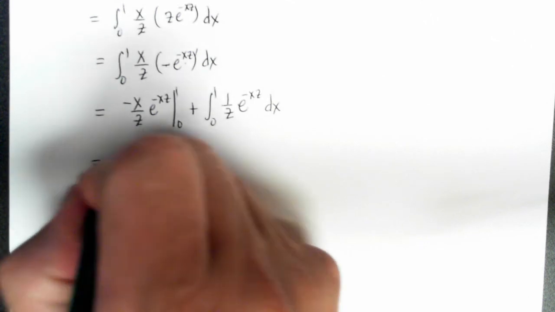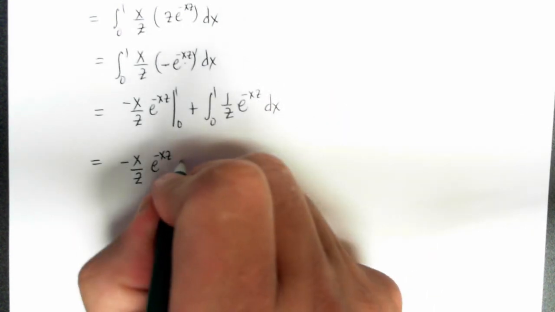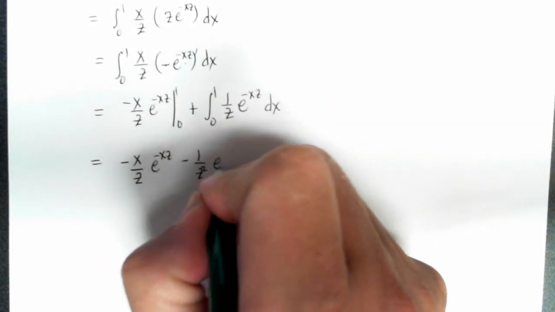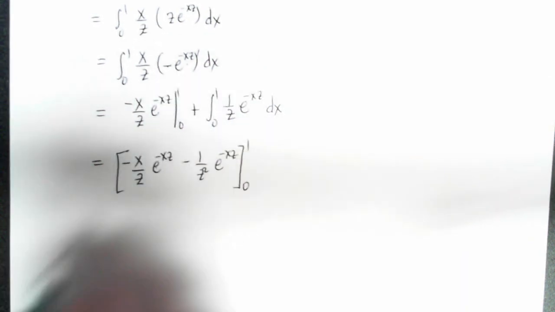So computing this, we get negative x over z, e to the minus xz. I'm going to let that carry along for the ride. Computing this integral, we get minus 1 over z squared, e to the minus x times z. And I evaluate between 1 and 0.